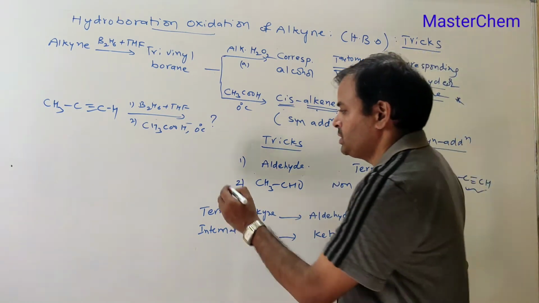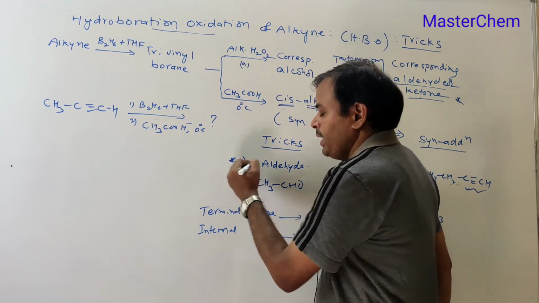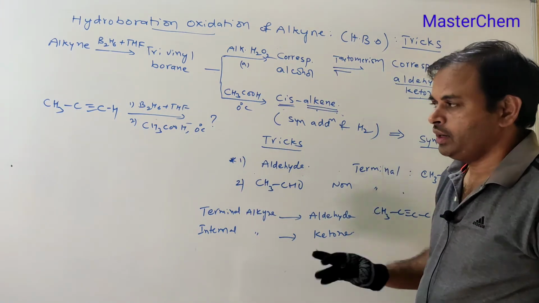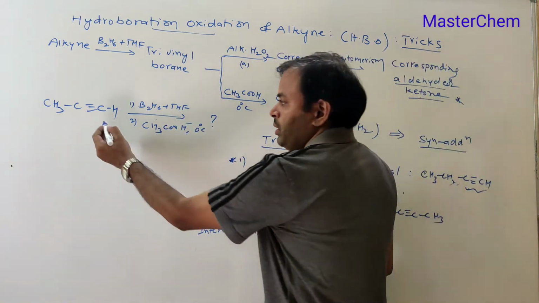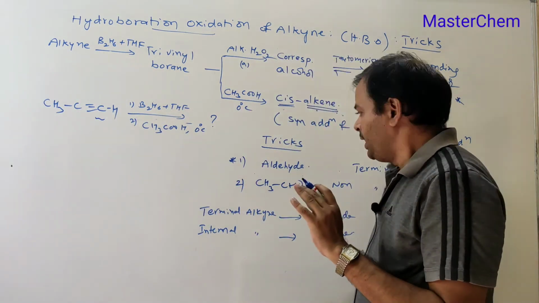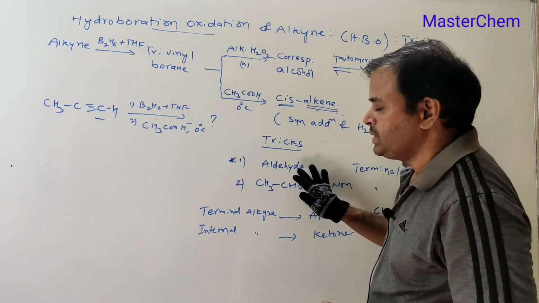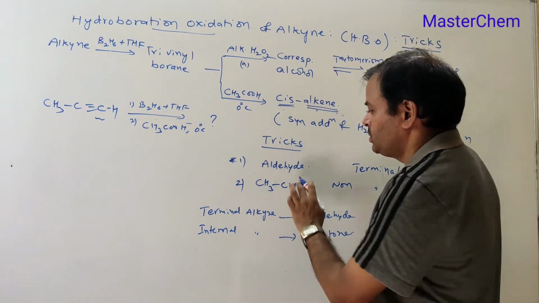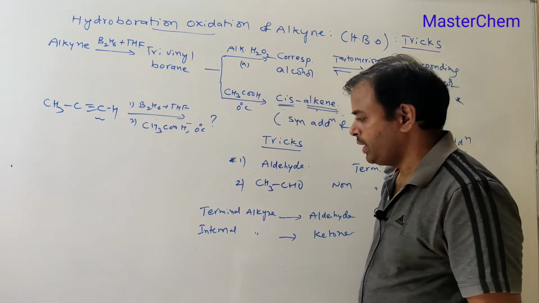First you should conclude whether it is a terminal alkyne or an internal alkyne. The triple bond is at one end of the chain, that's why it is a terminal alkyne. If it is a terminal alkyne, the product should be an aldehyde. So that's the first conclusion: aldehyde.